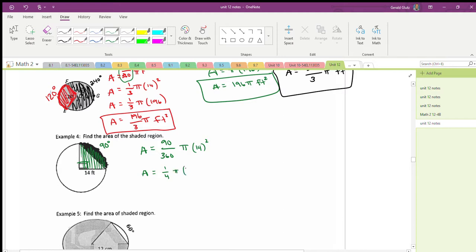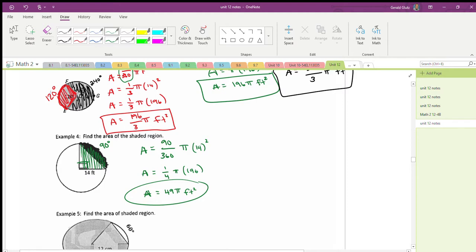And then 14 squared is 196 again. So 1/4 times 196 would be 49. So 49 pi square feet.